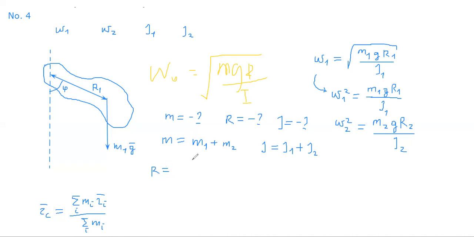And in this case, we have M1 R1 plus M2 R2, divided by M1 plus M2.